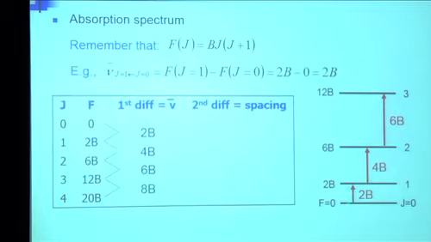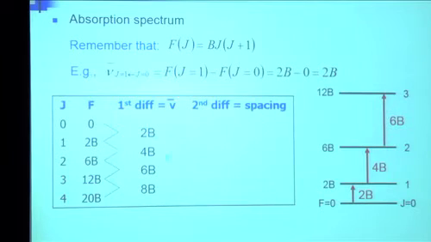There's an absorption line here, here, and here. There are 3 different places. The absorption from 1 to 2 is at twice the frequency of 0 to 1. The wave numbers of the absorption lines are the differences between the energies. That's called the first difference. You have an absorption line at 2B, 4B, 6B, 8B.